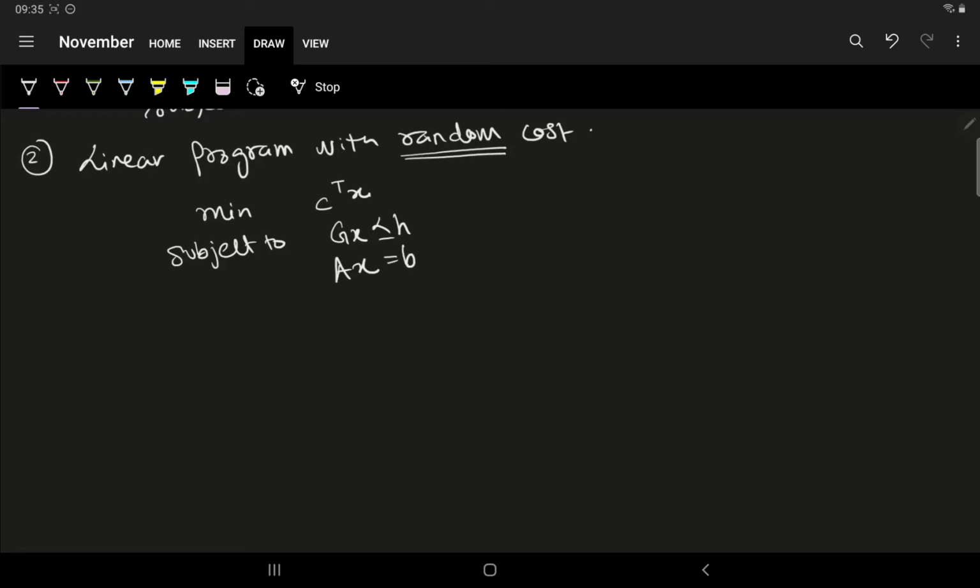However, the difference here is that the cost function here is random, that is, c is random.